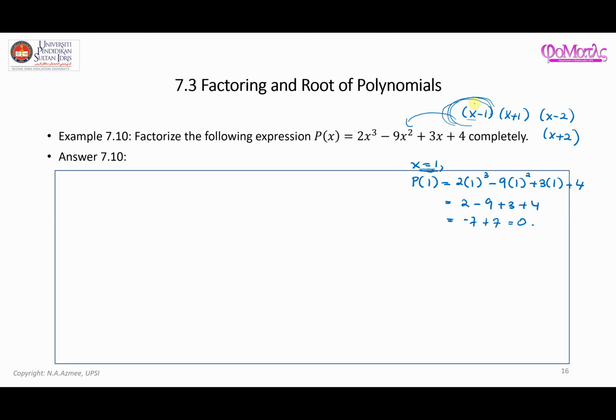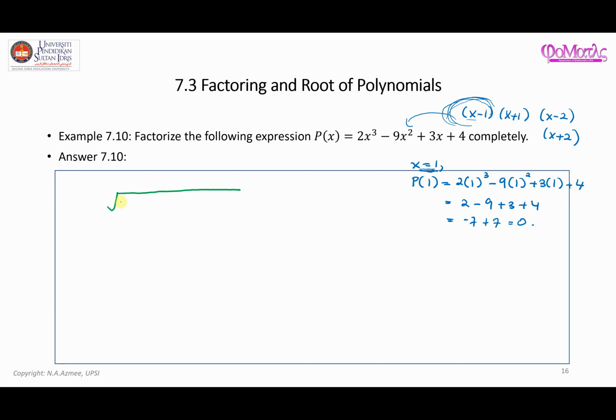So once we have managed to find the factor, we need to go on and find the rest of it, complete the whole process in order to factor this polynomial function completely. So next, what we need to do is we are going to apply the long division process.